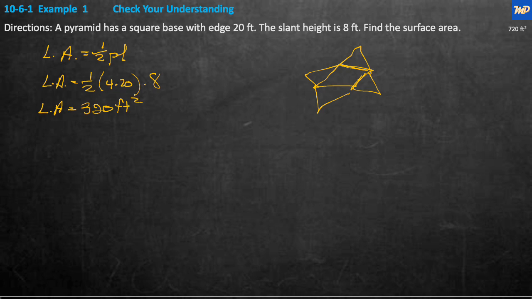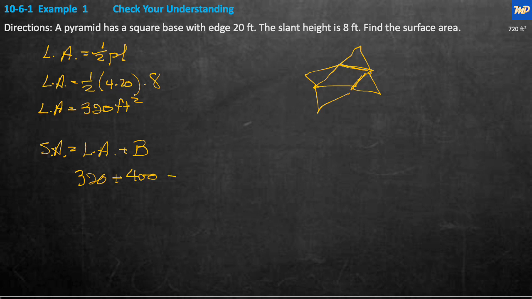squared. Now the SA is equal to LA plus the base, one base. So the LA is 320 plus the base is 20, the length. 20 times 20, okay, is 20 squared, or 400, if I'm not mistaken. 20 times 20 is 400.